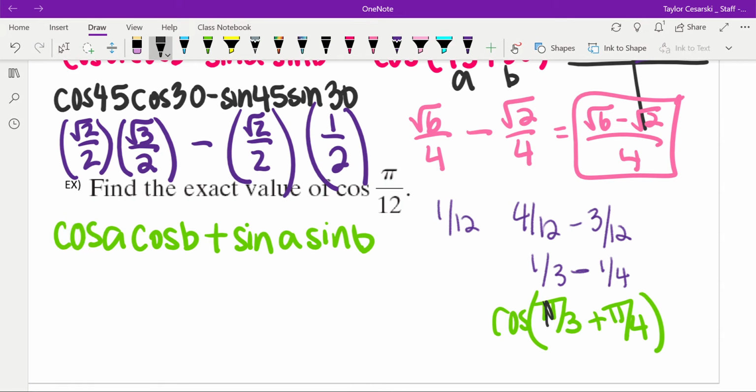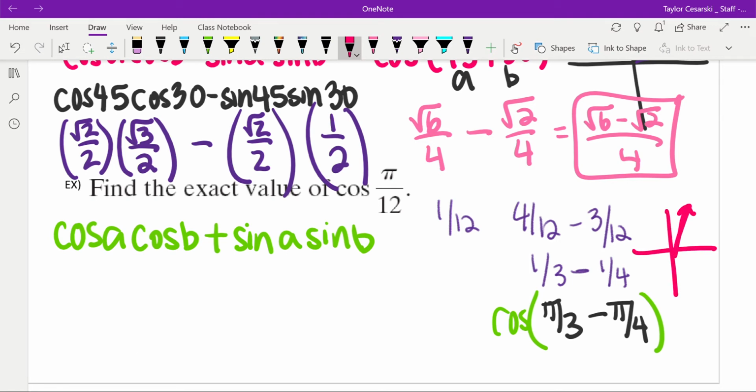Okay, let's back this up. So cosine of 4/12 minus 3/12. So cosine of 4/12, which is pi over 3, okay, minus pi over 4. So it's not the same angles, but very similar. Okay, there we go.